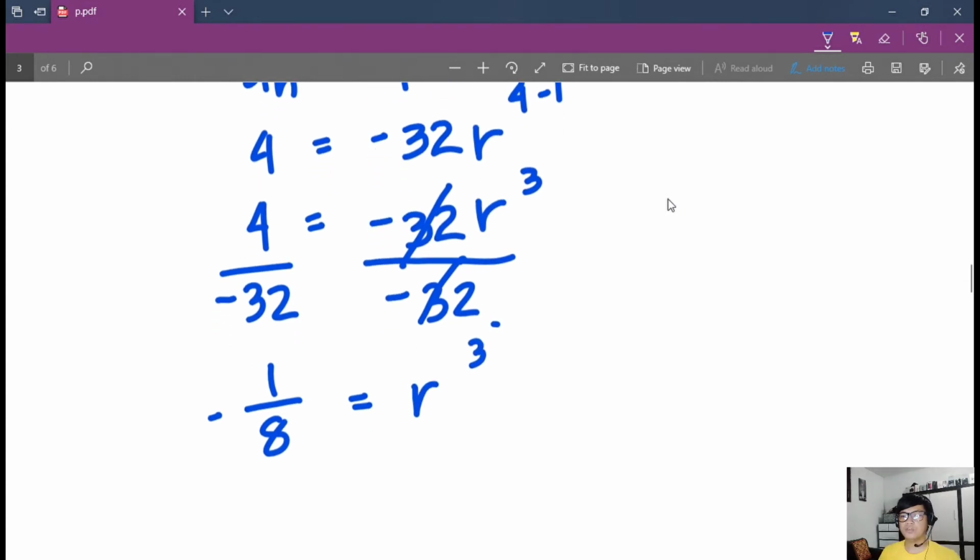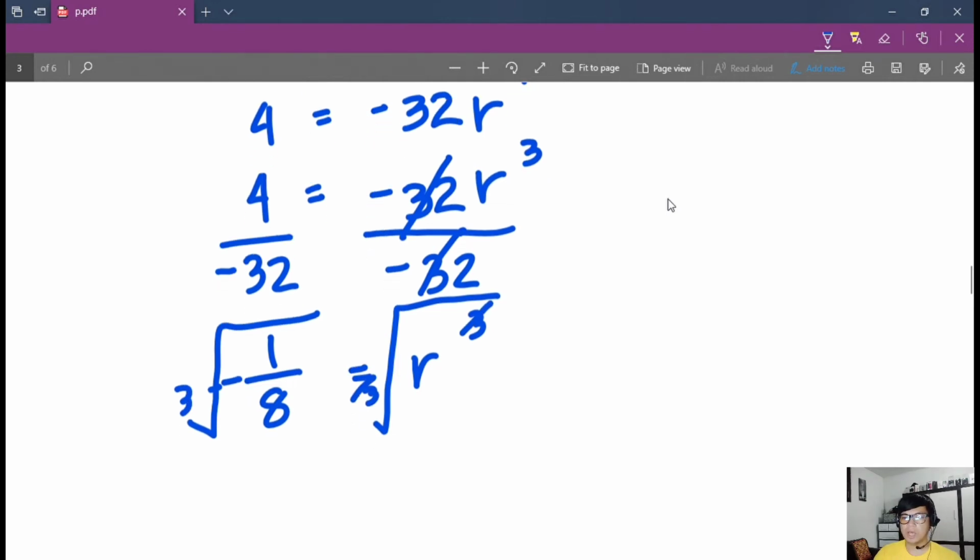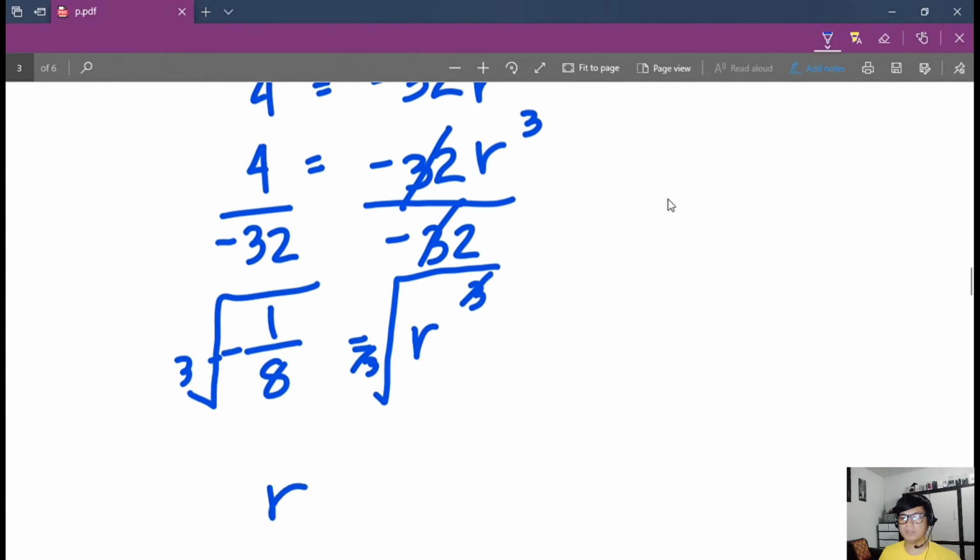So, get the cube root of both sides. Cube root, so that this goes away. So, our r is equal to, what is the cube root of negative 1/8? The cube root of negative 1/8 is negative 1/2.